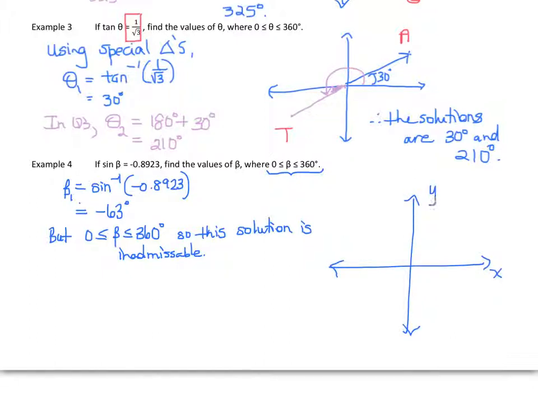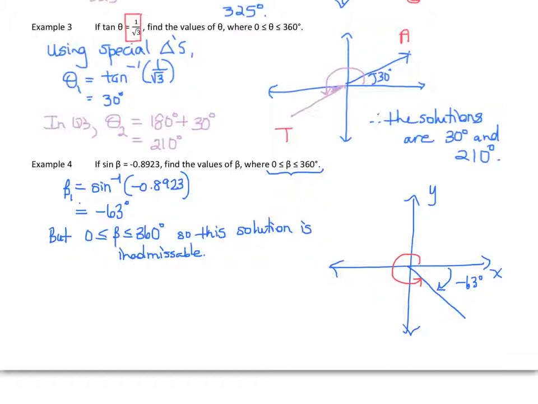So an angle of negative 63 degrees would be here in quadrant 4. So what I can do there is I can express this as a positive angle instead by subtracting that from 360 degrees.